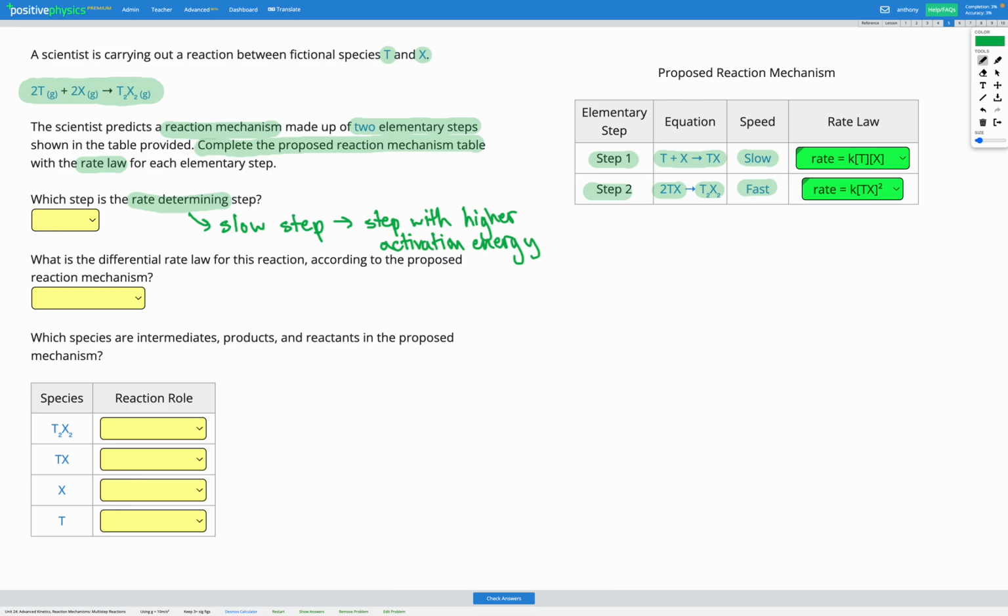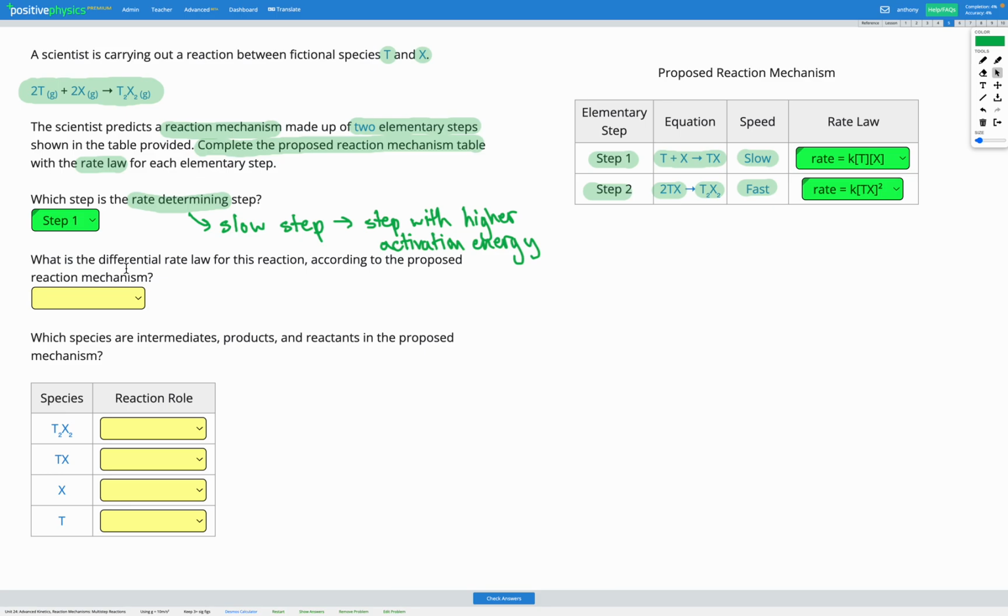So typically when we have multiple steps in our reaction mechanism, one of them happens a lot slower than the other. And so overall, it doesn't actually matter what's happening in the fast step because the slow step is so much slower that the rate is entirely dependent on that. So which step is the rate determining step? It's going to be step 1 because we're told that's the slow step.